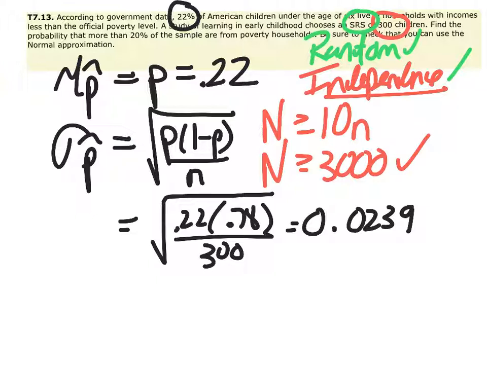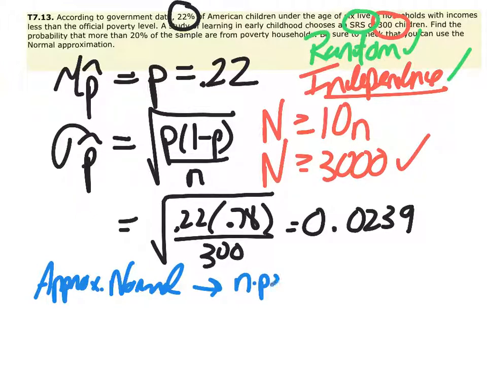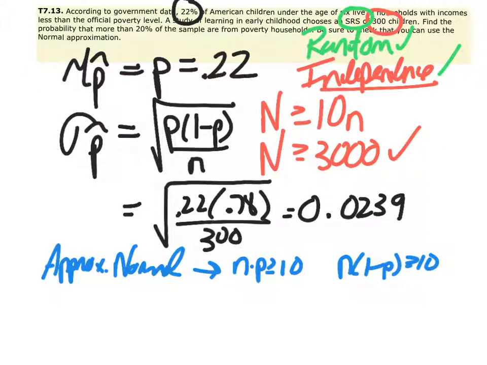Because we're dealing with proportions, if we want to show that something is approximately normal, we need to show that n times p is greater than or equal to 10, and that the complement of that, n times 1 minus p, is also greater than or equal to 10. Based on our statistics, our sample size here is 300, p is 0.22.